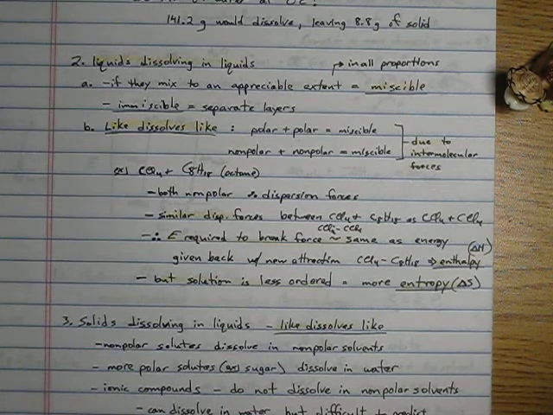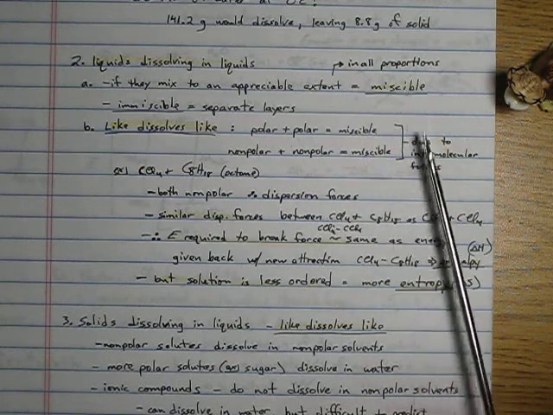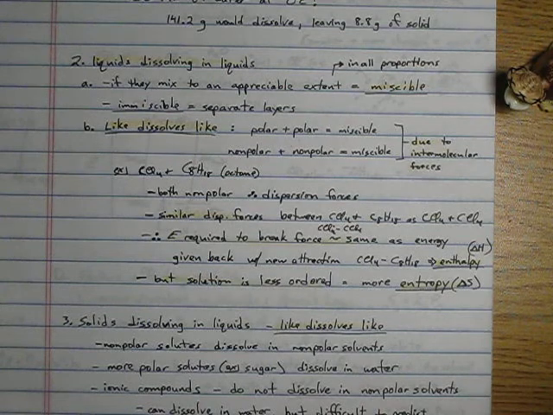So now let's look at liquids dissolved in liquids. If two liquids mix to an appreciable extent in all their proportions, for example water and methanol, methanol is an alcohol. If you have a 50-50 mixture of water and methanol, they are completely miscible.